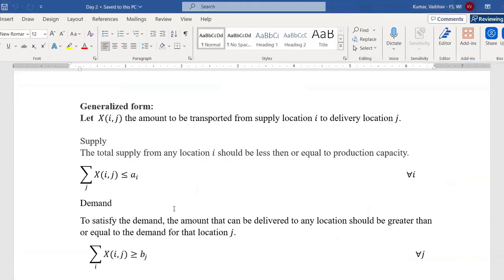Yesterday we saw that these are inequalities, because the supply should be less than or equal to the production capacity of those plants, and the supply could be higher than the demand at the market locations. So it can be inequality as well.